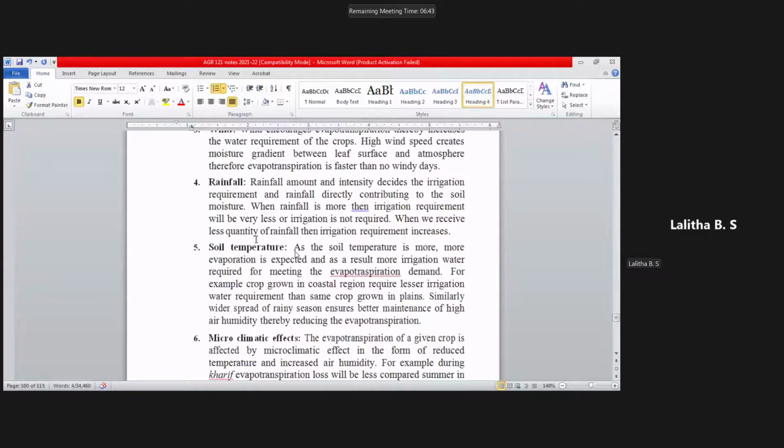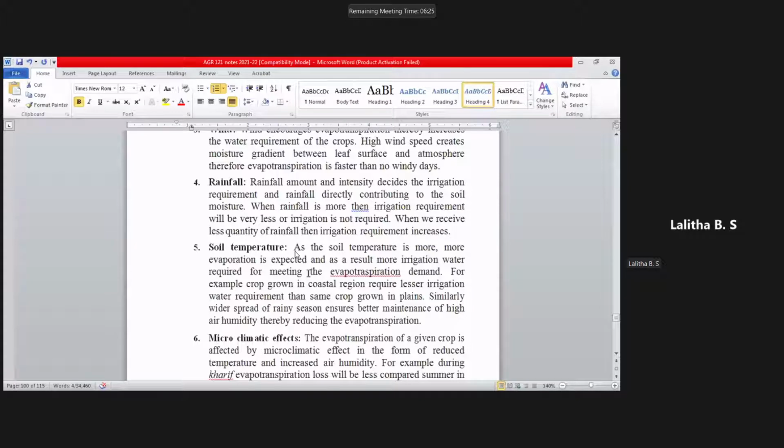Then another important factor is soil temperature. As you learned in meteorology, atmospheric temperature is important, and at the same time soil temperature is equally important, 50-50.